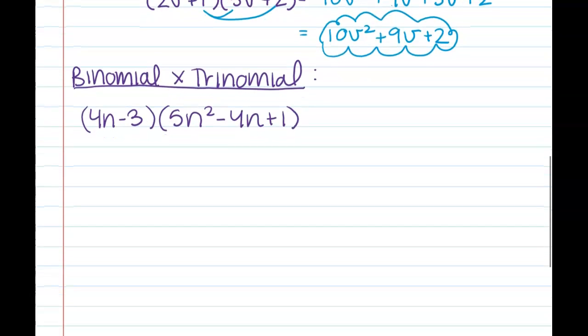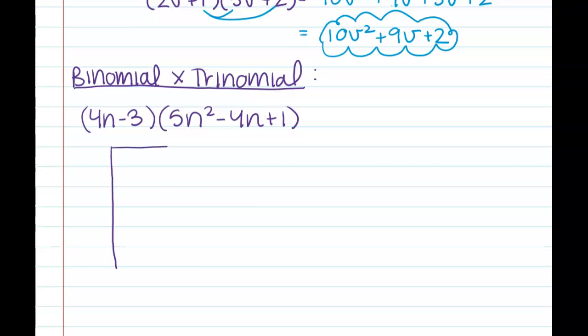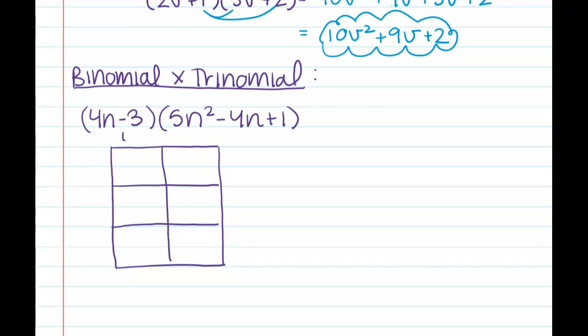Now we'll make a 2 by 3 box, or a 3 by 2, it doesn't matter. Okay, so I'll put 4n, negative 3, 5n squared, negative 4n, 1.